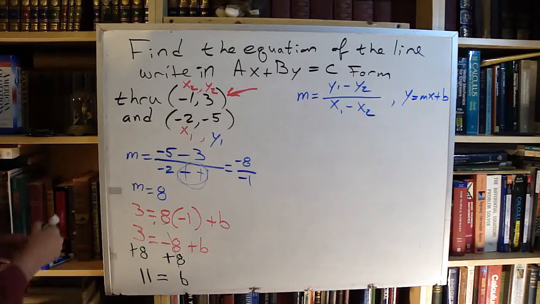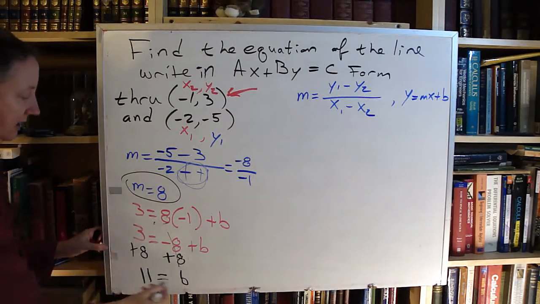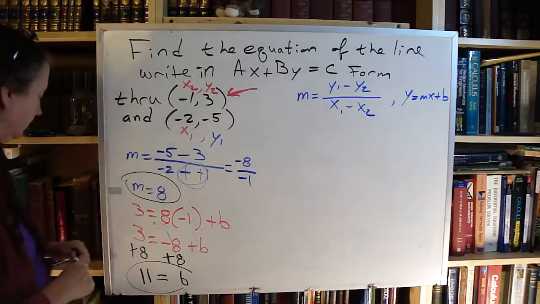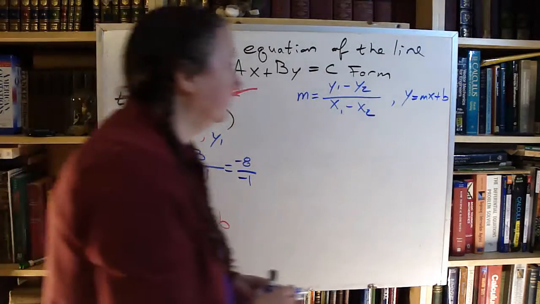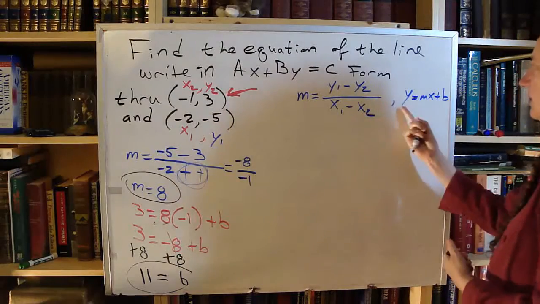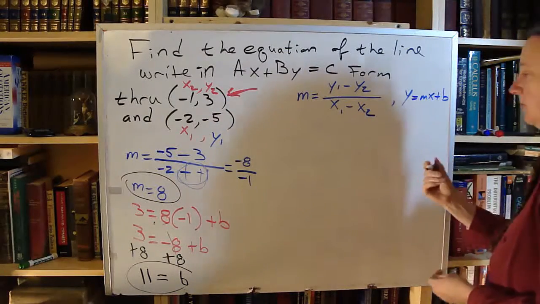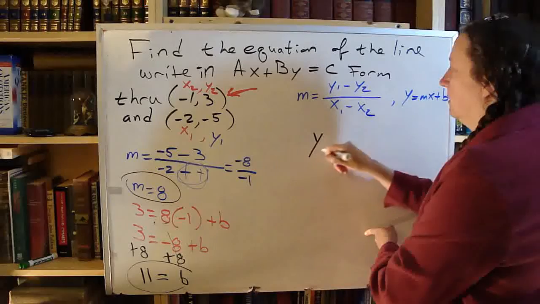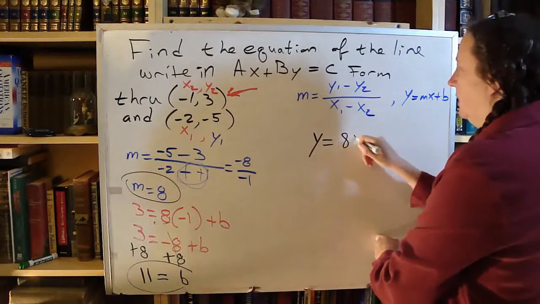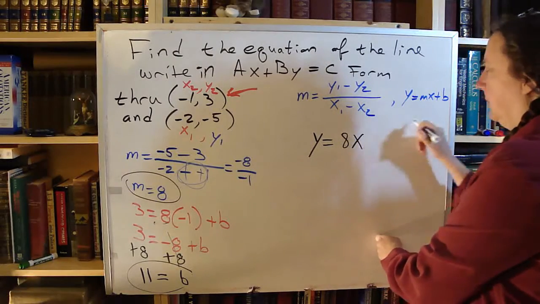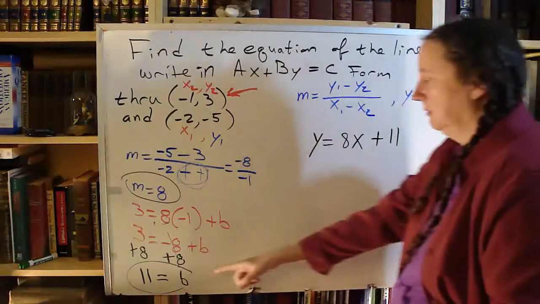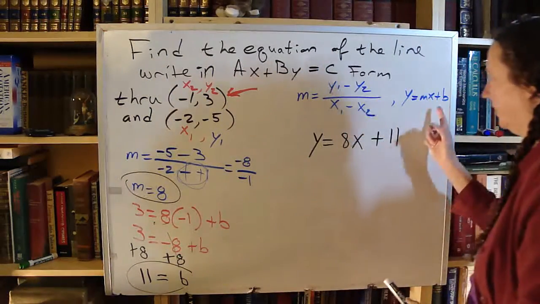So now I have both what m is and I have what b is. Those are both important for my next step. So I take them into my y equals mx plus b. Y stays y equals m, 8, x stays x, plus b. So plus 11. B is a positive number, so the plus sign stays a plus sign.